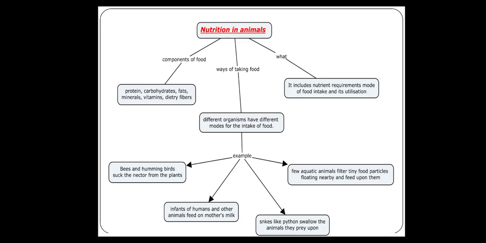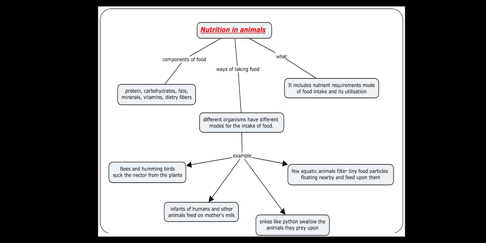Nutrition in animals. So we know the mode of nutrition in animals is heterotrophic, that is, they depend on others for their food. Plants are autotrophic, they can prepare their own food.